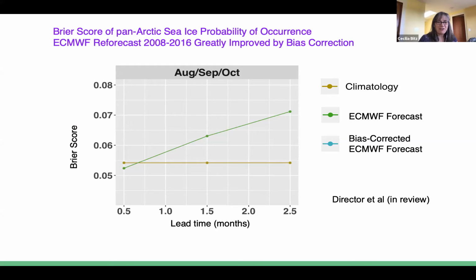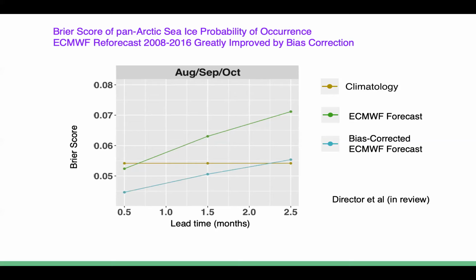Anyway, what it shows is that without any bias correction, the model is only better than the observations for less than a month. But we can bias correct with purely statistical methods alone by evaluating where the model disagrees with observations in a systematic way.